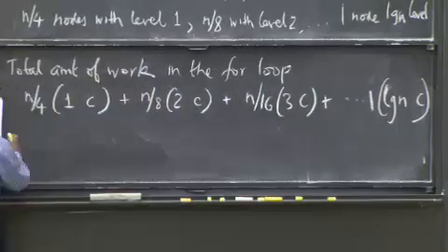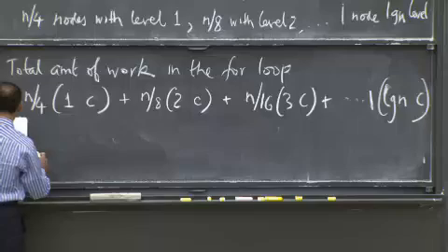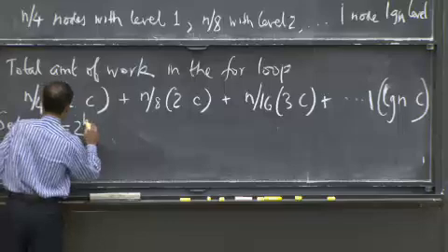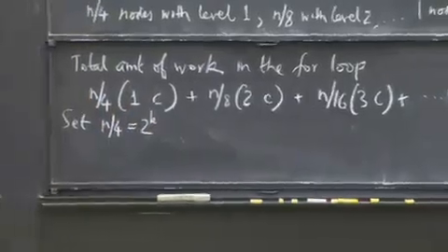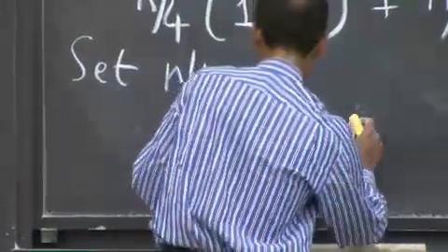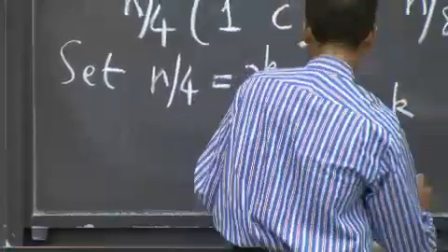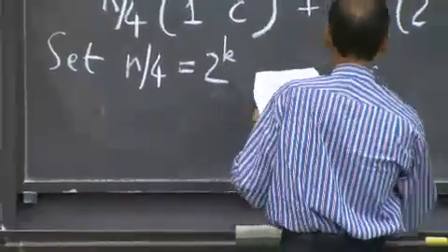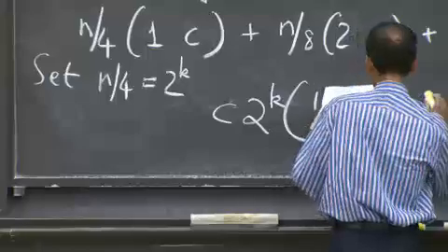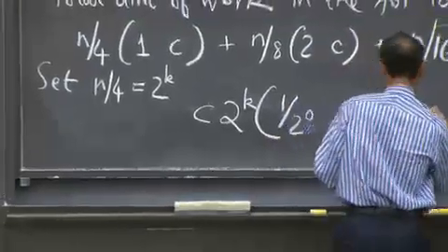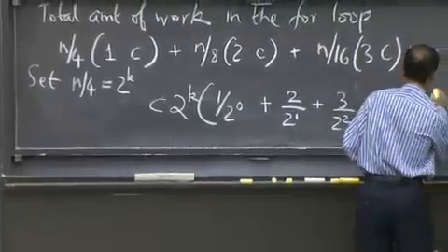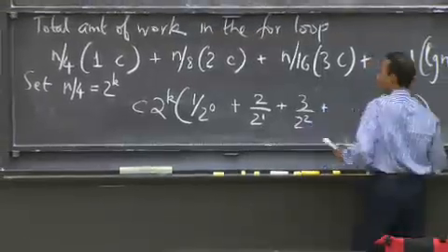Now, just to make this easier to look at and reason about, I'm going to set n over 4 to 2 raised to k. And simplifying and pulling out certain things, this translates to c times 2 raised to k times 1 divided by 2 raised to 0, 2 divided by 2 raised to 1, 3 divided by 2 raised to 2, etc., k plus 1 divided by 2 raised to k.